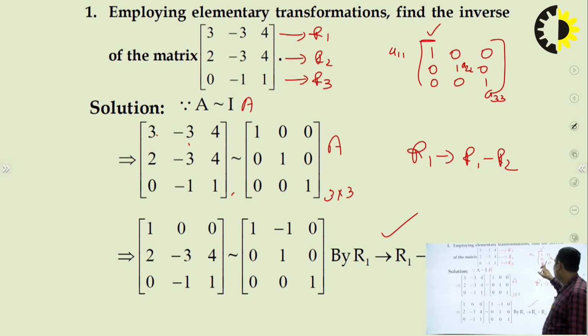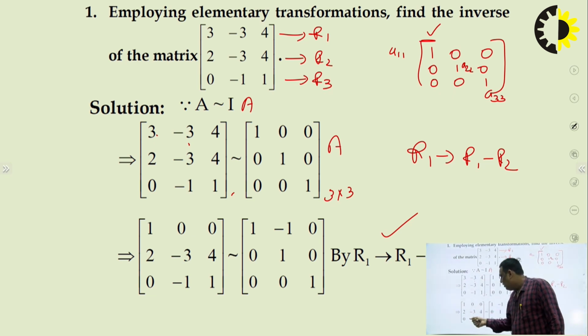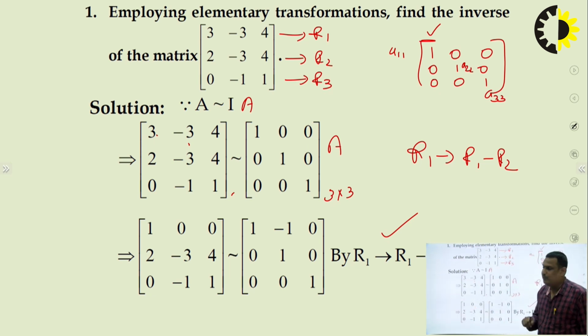First column 1 0 0, how will it get? It will get by row transformation. Here we just focus on A31, already 0, there is no need for any transformation in R3. Now R2 first element should be 0. How should it be 0?